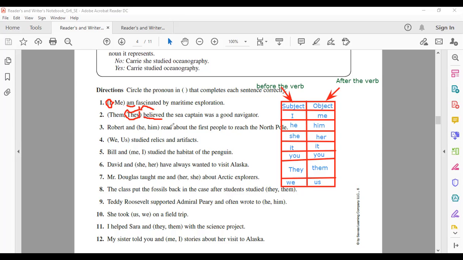Because it's an object. But where is the verb? Robert was the subject. What is the verb?